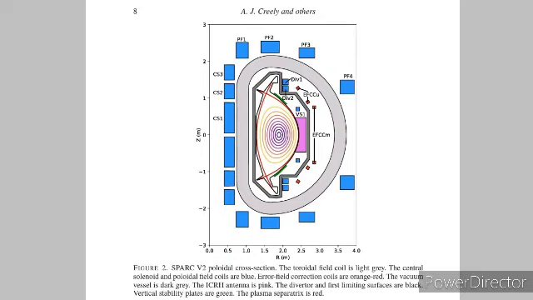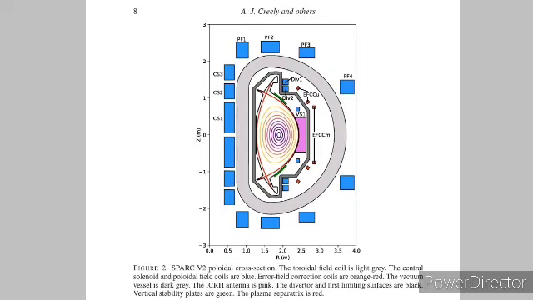SPARC's central solenoid consists of a total of 3 pairs of HTS upper and lower coils, labeled CS1, CS2, and CS3. The machine has 4 upper-lower pairs of HTS poloidal field coils outside of the toroidal field coils, labeled PF1 to PF4, moving outward in major radius.